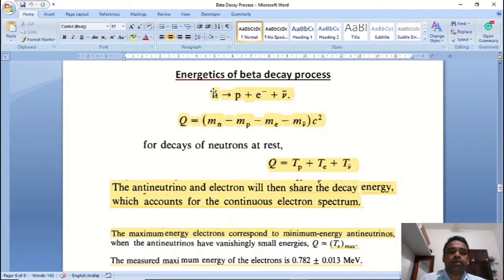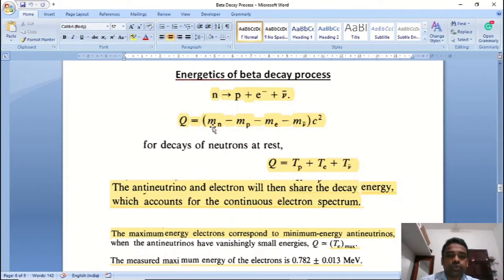So Mn corresponds to the mass of the neutron minus mass of the proton minus mass of the electron minus mass of the antineutrino, times c square. This is the disintegration energy for this decay process, or Q value of this process.